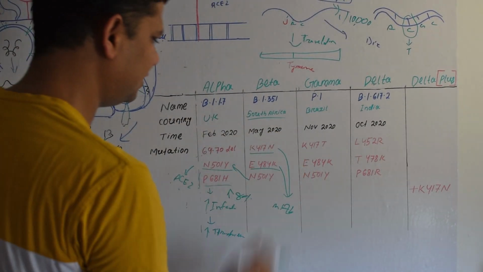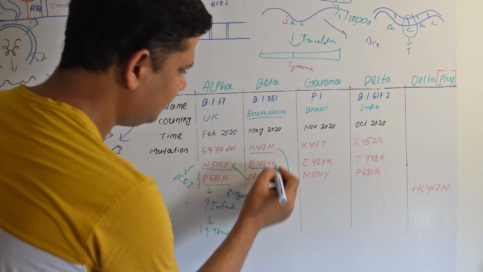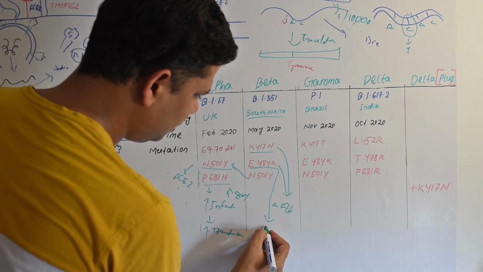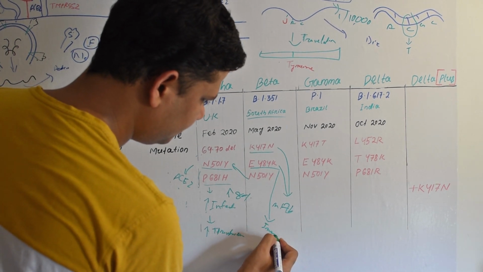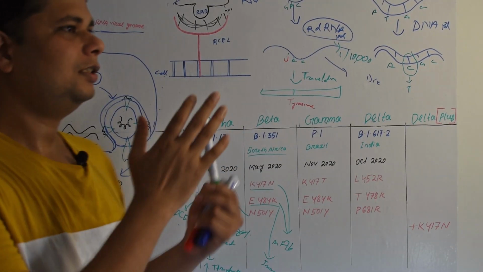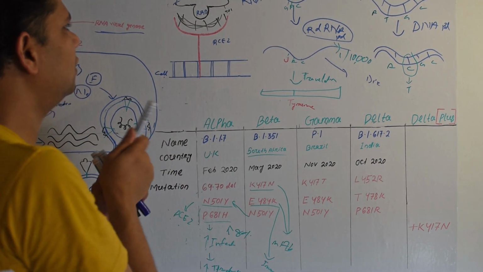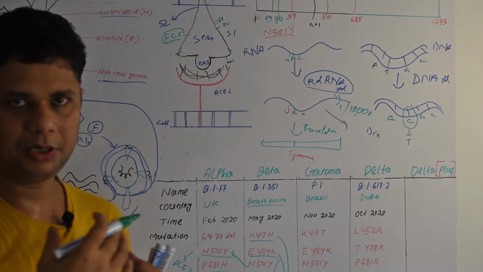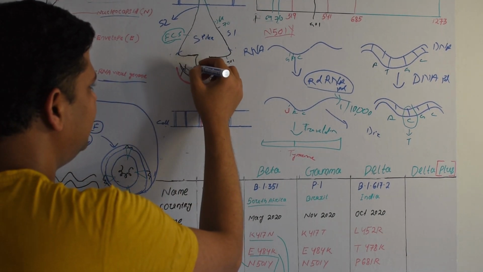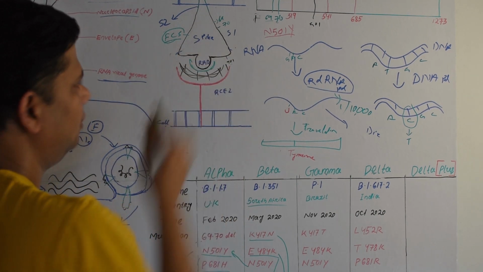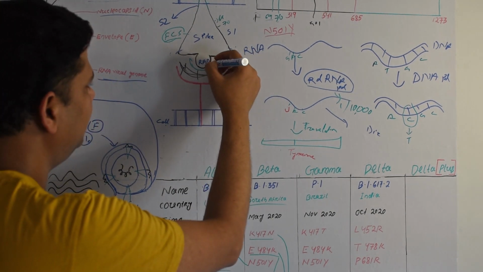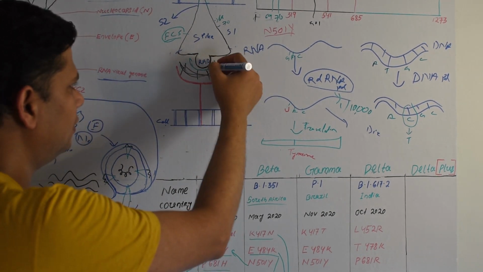E484K also helps in escaping the immune system, because till now, whatever we have seen, most of the antibodies produced in our body in response to coronavirus infection are made against the receptor binding domain, and the 484 mutation is present on this domain.